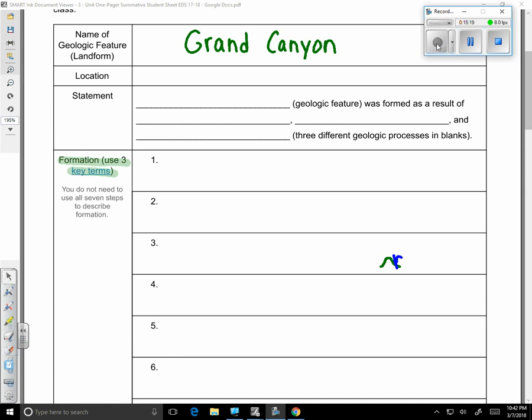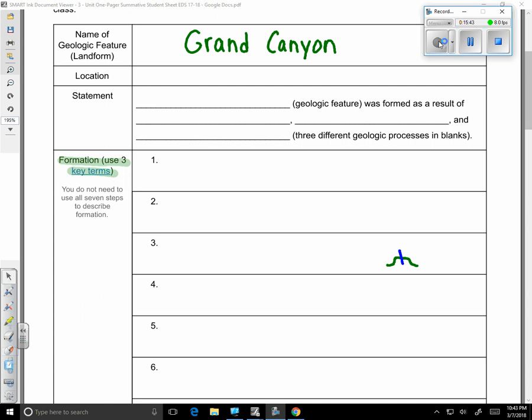So what's happening on step 3 is you have this plateau or this land area, and you have a river that's going through it, and it's slowly digging basically a really shallow channel through there, like a little hole that goes through there.